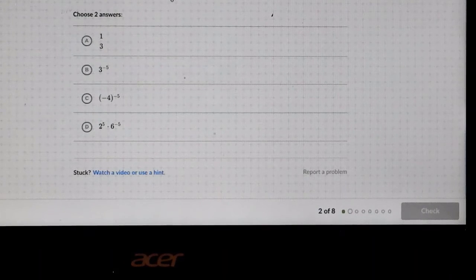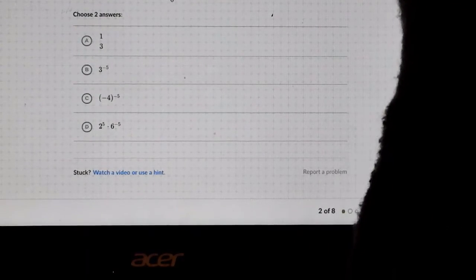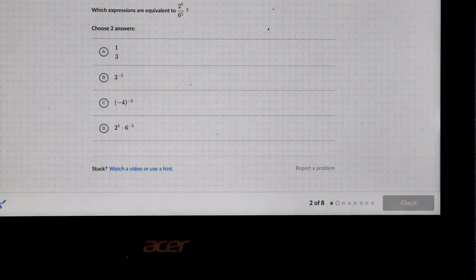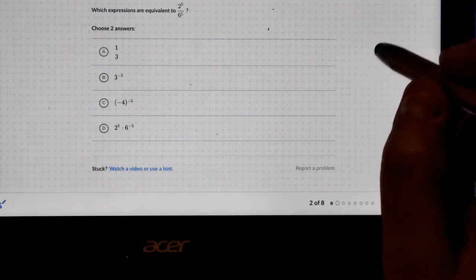Next question. Let's see the next question. Which equations are equivalent to 2 to the 5th power over 6 to the 5th power? Now remember, I have a rule.